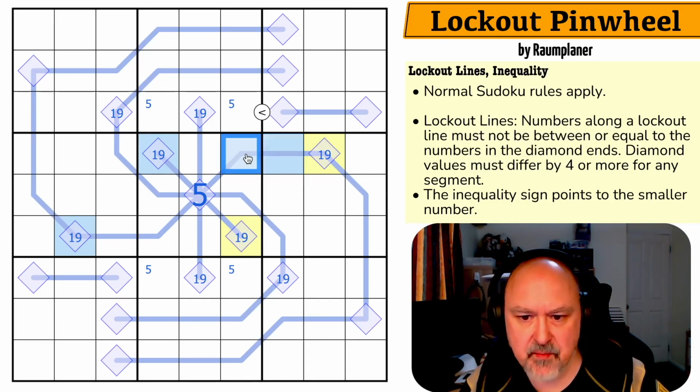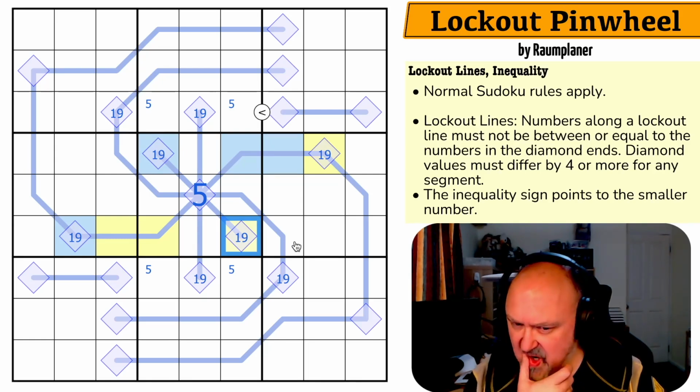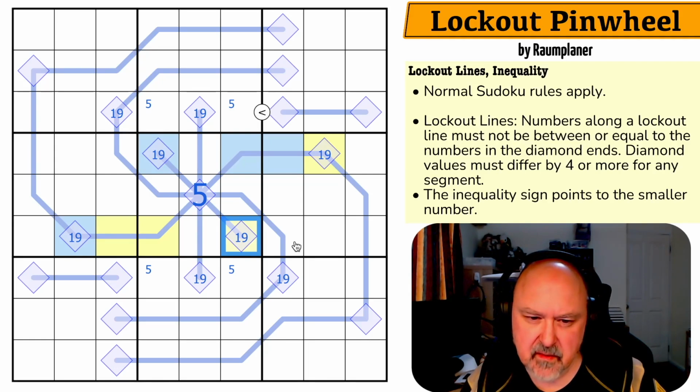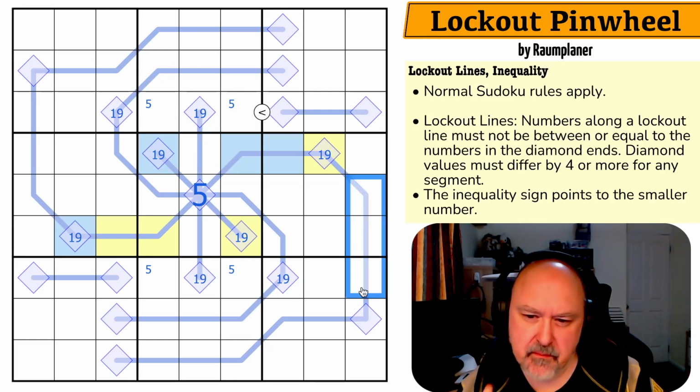So these are the same high-low as this. These are yellow digits. So they're the same high-low as that. Okay. But I don't know the high-low of these. And I get more freedom on these.